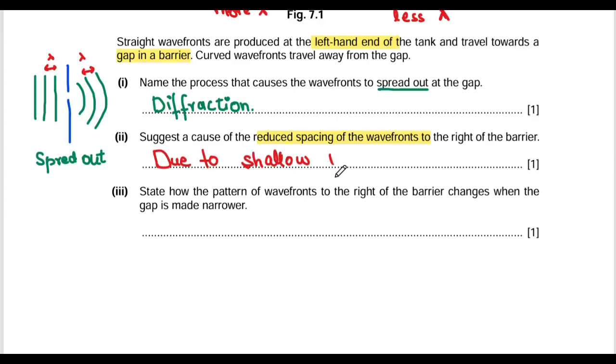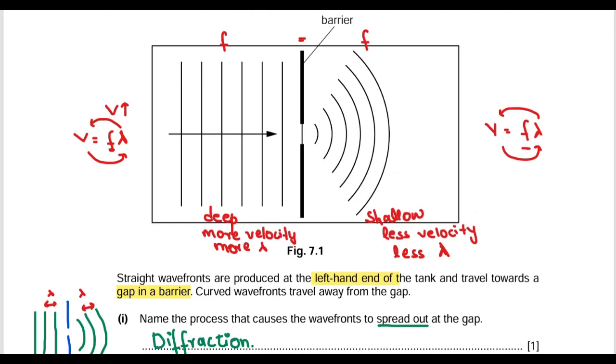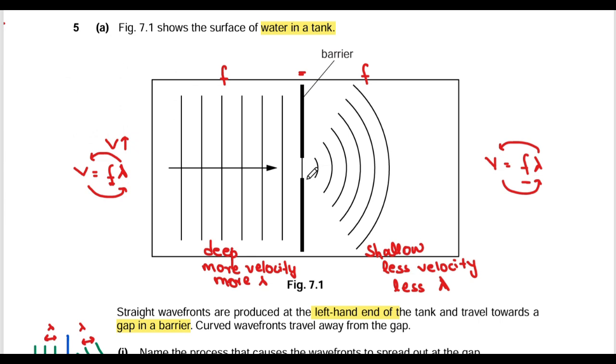So what is the reason for it? Due to shallow water. Part three is saying state how the pattern of wavefronts to the right of the barrier changes when the gap is made narrower. In diffraction, the spreading of waves depends a lot on the gap between the barriers and the wavelength of the waves that are heading towards this gap.